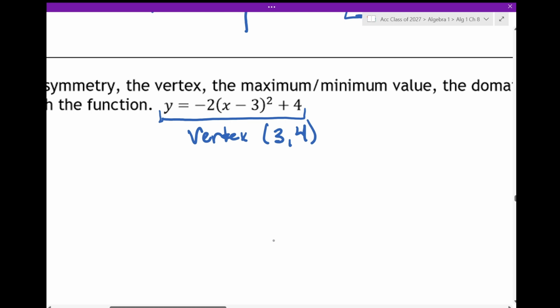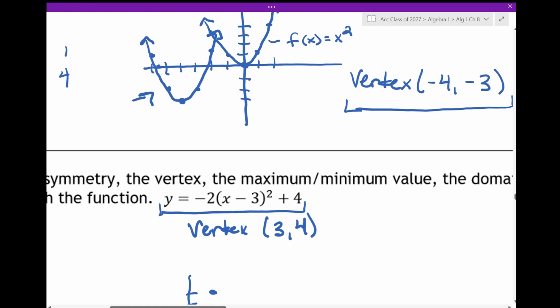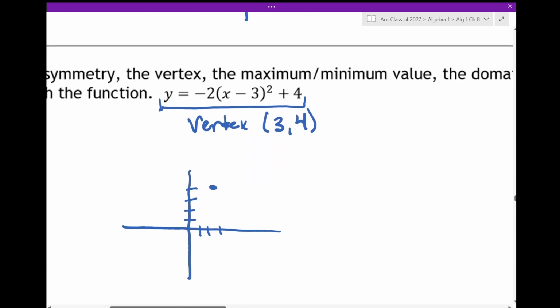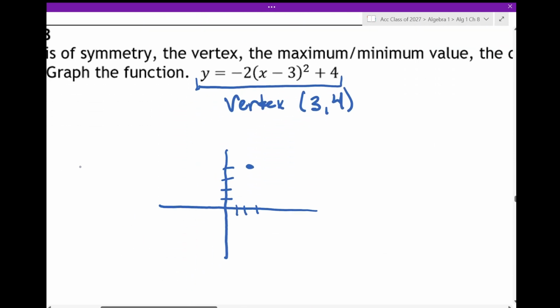I take my graph and draw it. 1, 2, 3, 1, 2, 3, 4. There's that. Now I could graph my parent, but I'm going to hope that we have that in our noggin. We could look back up here just to remind us that it's this middle graph right there. That's our parent. And then we'd look at the numbers 1 and 4. Here we multiply by -2 on both of those, because that's our a value right up there.